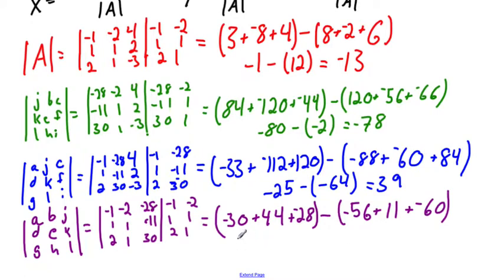Okay, so now I can add. So I have negative 30 plus 44 minus 28 equals a negative 14, minus negative 56 plus 11 plus a negative 60.